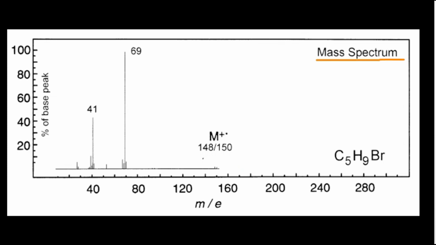Mass spectrum. In the mass spectrum, we get the molecular formula. Here you may see the molecular formula you are getting is C5H9Br. Here in this video, we will not solve it. We will solve the NMR spectra for this molecular formula.